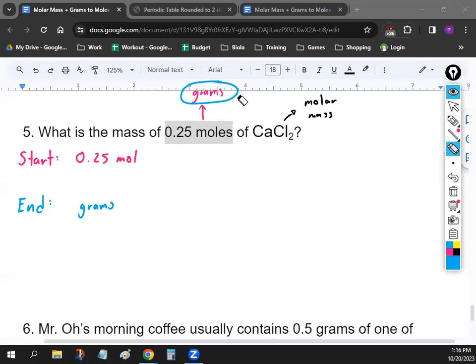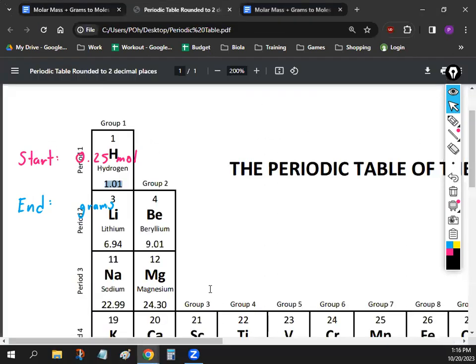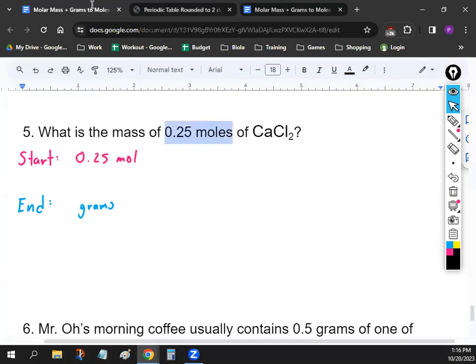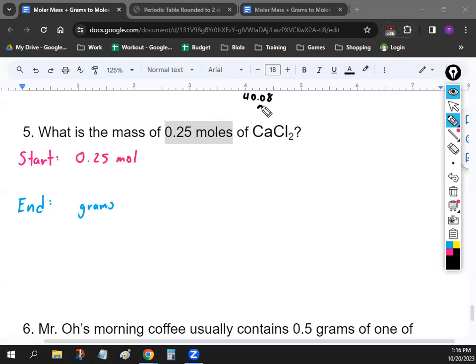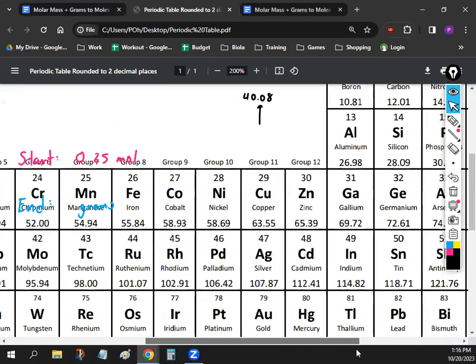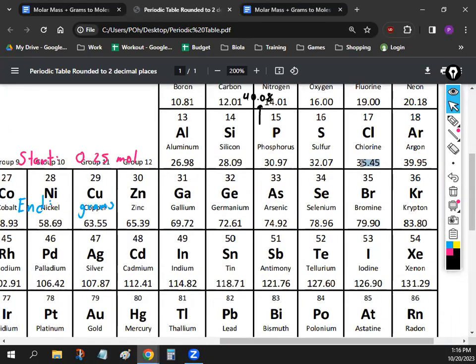All right. Now, I told you guys before you started that you have to find the molar mass of this chemical. So let's find the molar mass of CaCl2. If you go to the periodic table, Ca is 40.08. And then if you take a look at Cl on the periodic table, you're going to get 35.45.